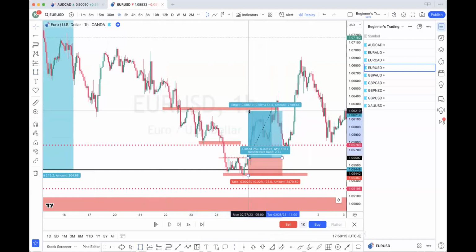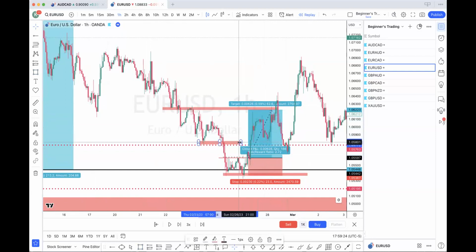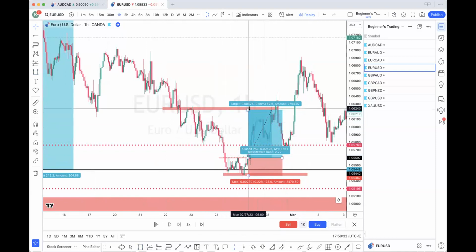So this I would have just taken it up to, this is a 1 to 2. You could have traded that. 62 pips is good. At a standard lot, that's 620. That's $620. So you could have taken it there.